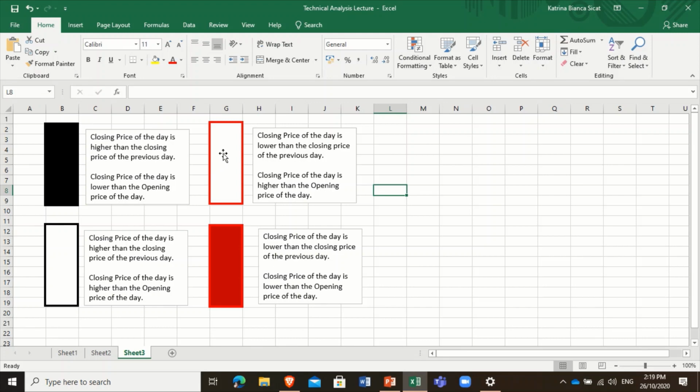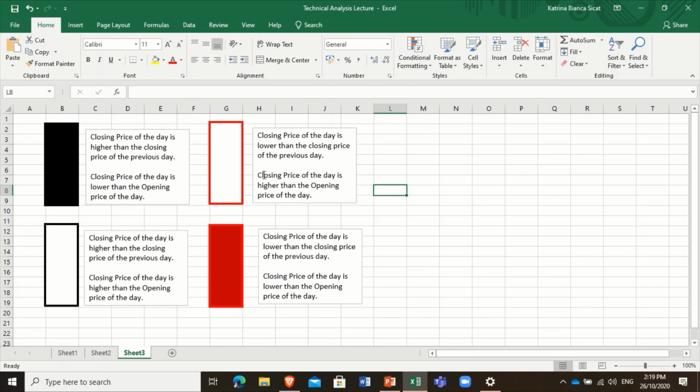We have the hollow red and the red candlestick. Okay? In the hollow red candlestick, the closing price of the day is lower than the previous closing price of the previous day. So, parehas sila dito ng filled red tsaka ng hollow red. Same lang sila na ang closing price of the day is lower. So, kung makikita nyo, they have the same description dun sa previous day.